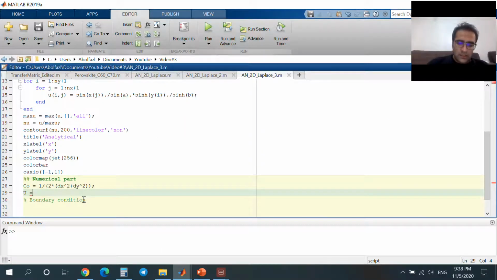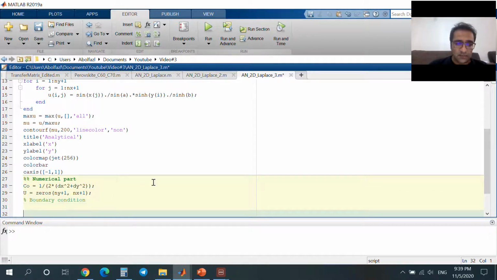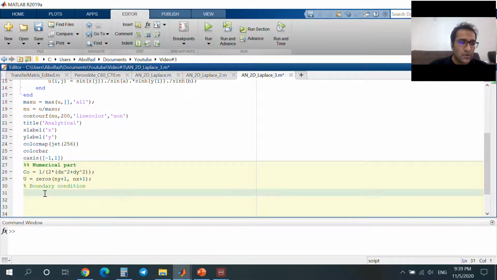So I allocate some memory, and this is zeros of ny plus 1 and nx plus 1, right? And this is indeed our initial guess. We say that we should have some initial guess. Here, this U also plays the role of the initial guess. We imagine that the value of the function is 0 everywhere.